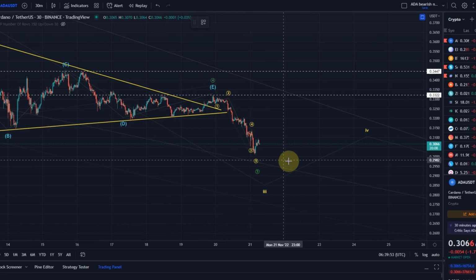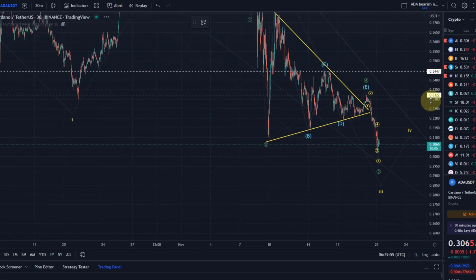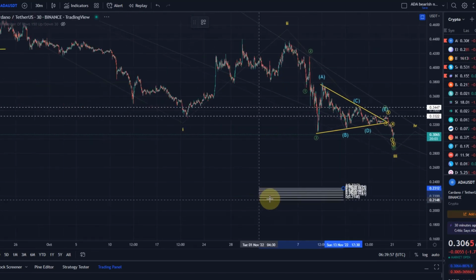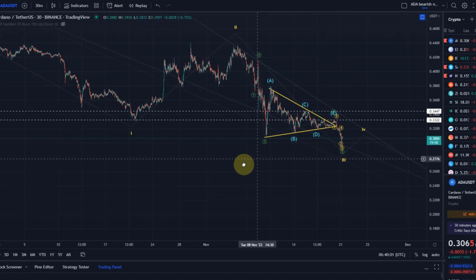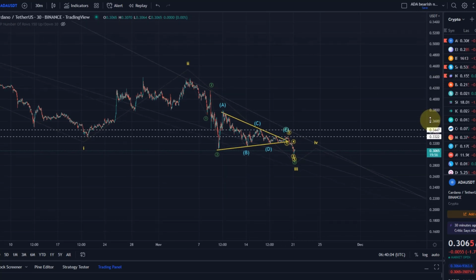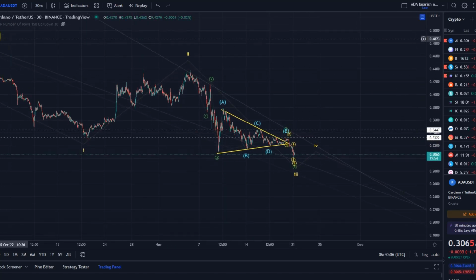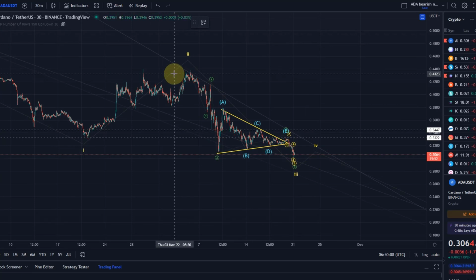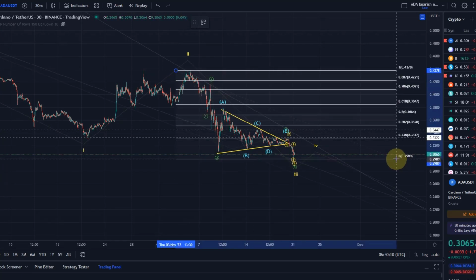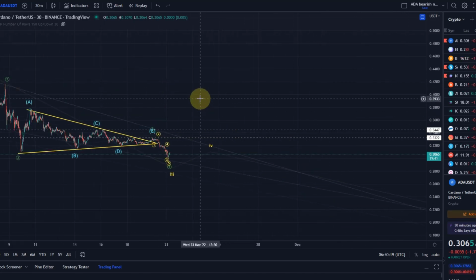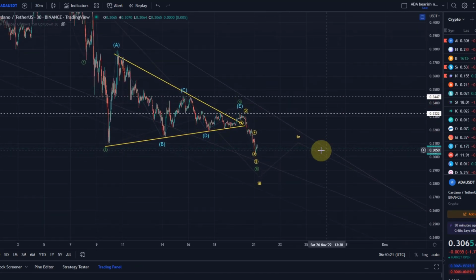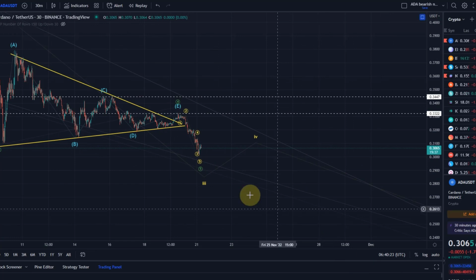But if we look at a wave 4 recovery, there could be a substantial one, but I don't really believe that the way this is labeled. That would mean we could move all the way up to around 36 cents, 37 cents.